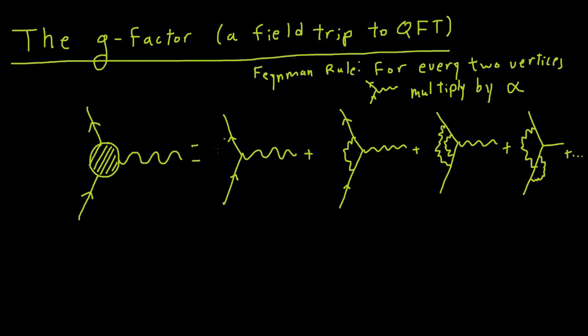Now, in the case of the G factor, this first diagram gives you the 2 that Dirac originally found. And then the second diagram ends up being alpha over pi. Now, as I said, there's this complicated integral you have to do, but that just reduces to pi.